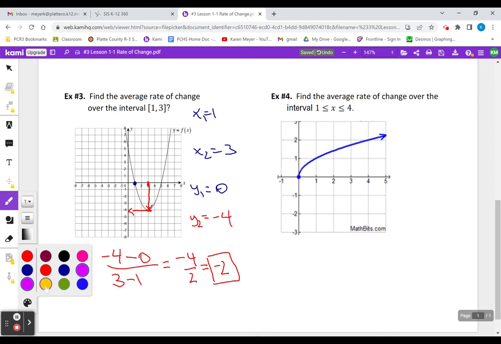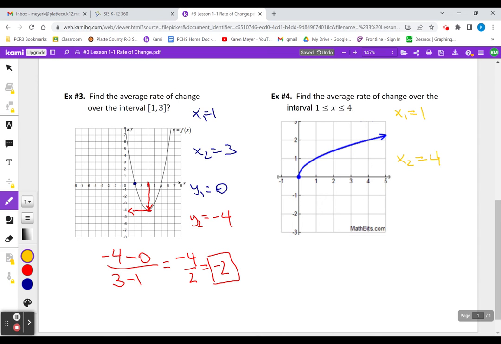Okay, the last one, you're going to notice that this one, the interval is typed a little funny, but don't let that confuse you. The number on the left is still going to be considered x1, and then the number on the right side is still going to be considered x2. So I'm still giving you both x numbers, even though it's typed a little different.